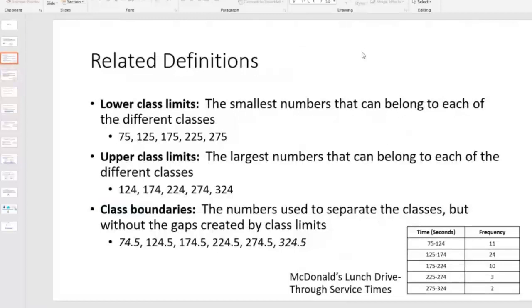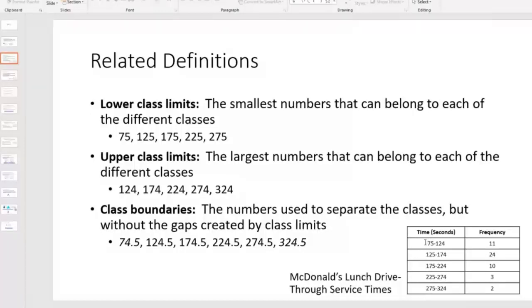To build one of those is more complex than you would think. We have a lot of terms that we get along the way. We have lower class limits, upper class limits, and then class boundaries. The lower class limits are the smaller numbers, so if you go along the left of this table, you see 75, 125, 175, 225, and 275.